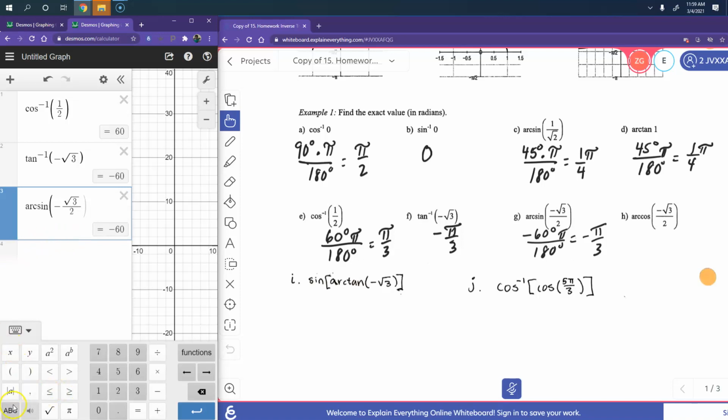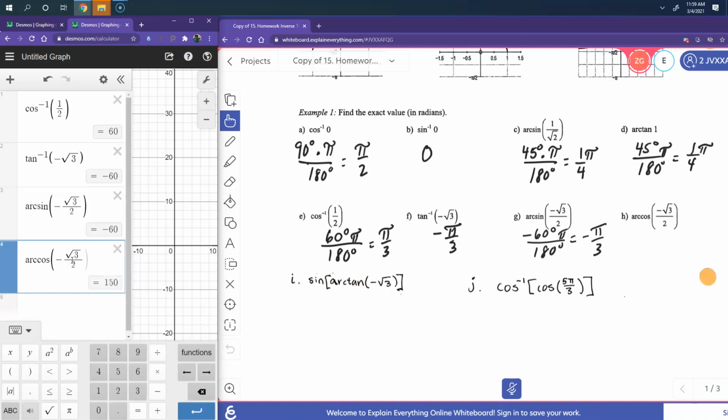H, we're going to go ahead and do H now. What you're going to type in is arccosine of negative square root of 3 divided by 2. So that gives you 150. To convert this into radians, the zeros cancel.